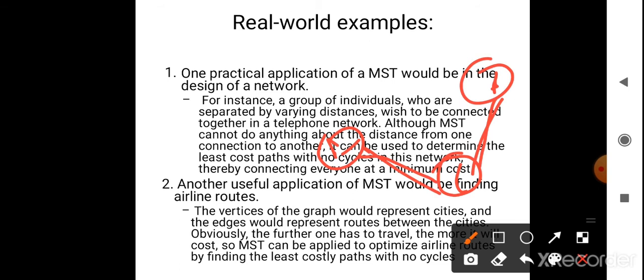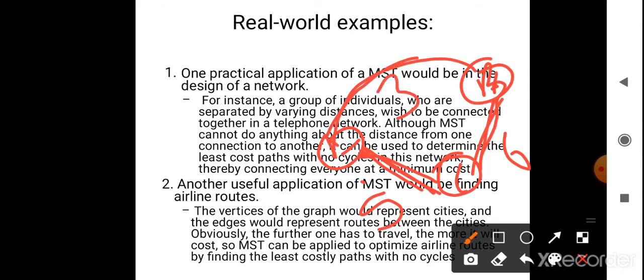And if you want to travel from A to B, then you will select the smallest path, or least cost path. If its cost is 5, 6, and if there is a cost like this, 3, then which path will be selected?